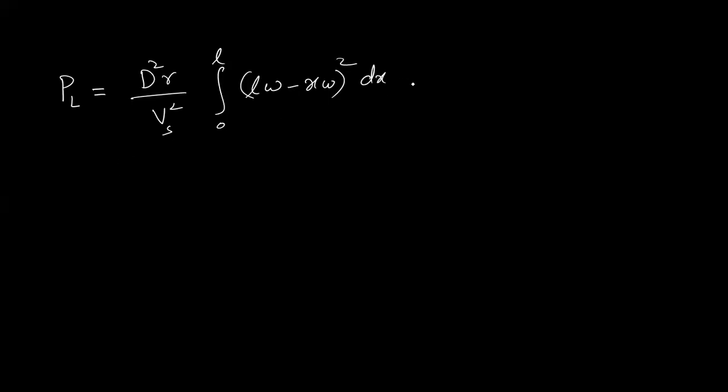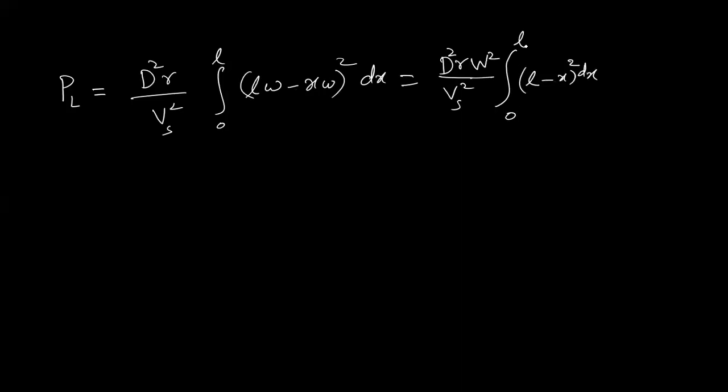So let us solve it. d square R by Vs square, we can take W out from this. So W square is a constant quantity and it is outside, and that becomes equal to the integral of L minus x whole square dx.